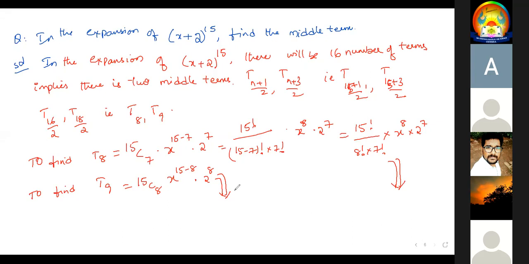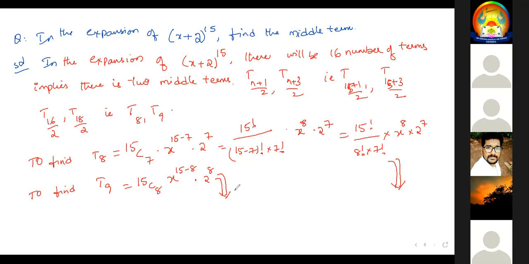Completed. Make it fast, please. Sir, the first one will be 6435 after cancellation, into x power 5. Okay. Second one, no need to cancel. Directly say the answer. No need to simplify.